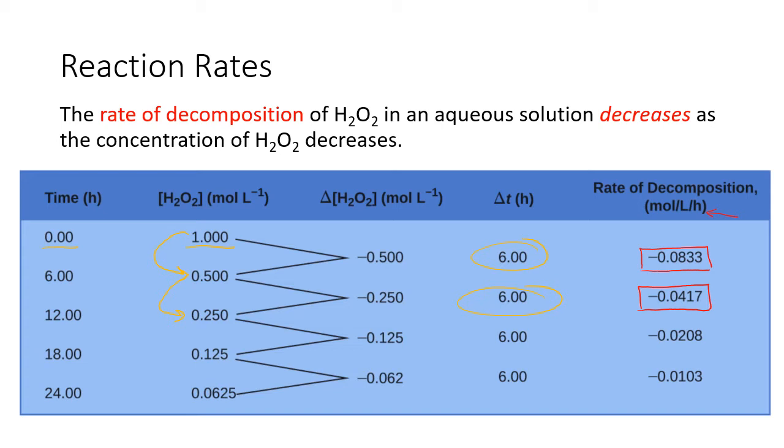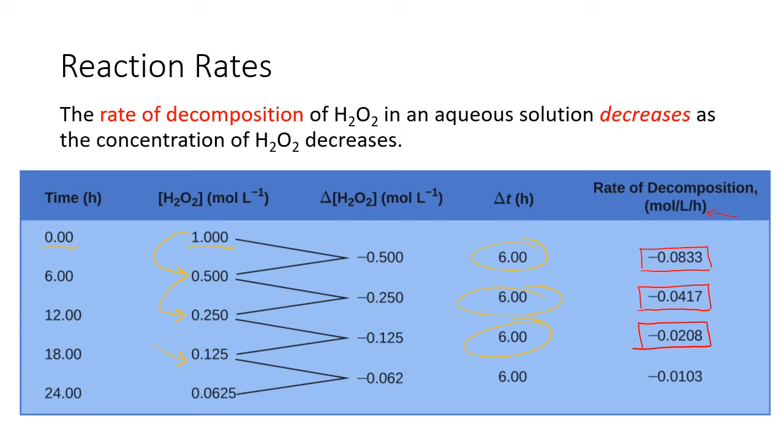And as we continue, over the next 6 hours, the reaction goes from 0.250 to 0.125. In this case, delta T is still 6 hours because now we're going between 12 and 18 hours. But if we calculate the rate of our reaction, the decomposition rate has dropped down to 0.0208 molar per hour.